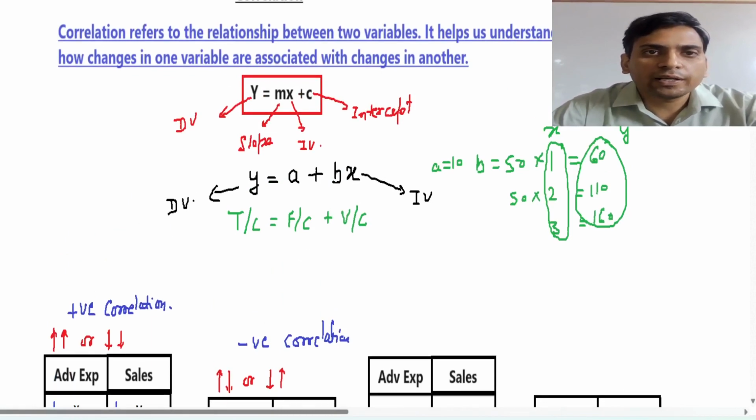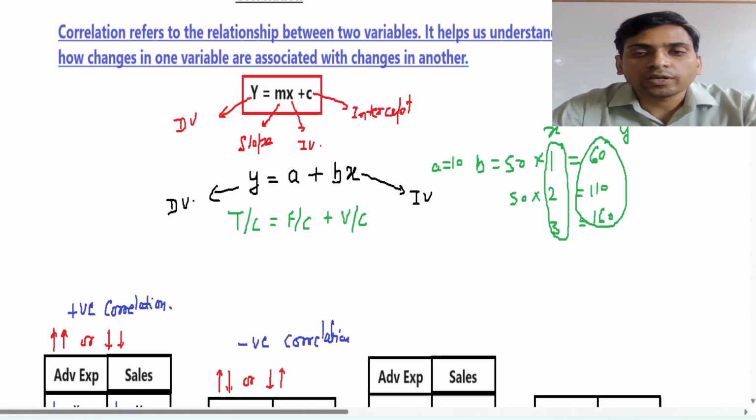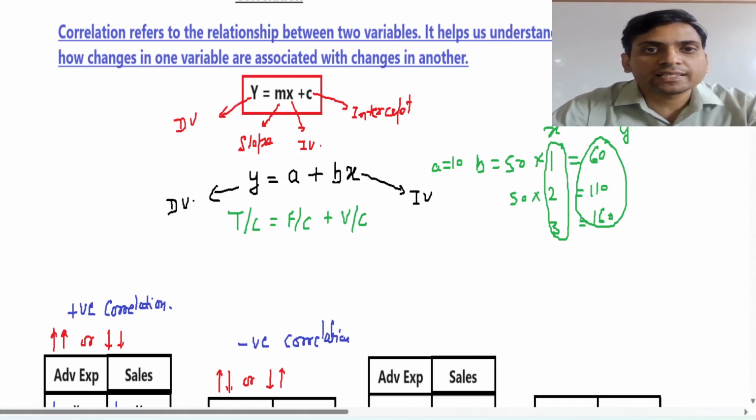And now we will see this definition. Correlation refers to the relationship between two variables. We have two variables, first is the dependent variable and second is the independent variable. It helps us to understand how changes in one variable are associated with change in the other. In this case, as we were increasing x, y is also increasing. So if x is in positive direction, then y is also in positive direction, or we can say both variables are in the same direction.